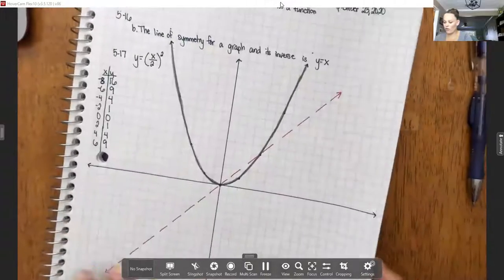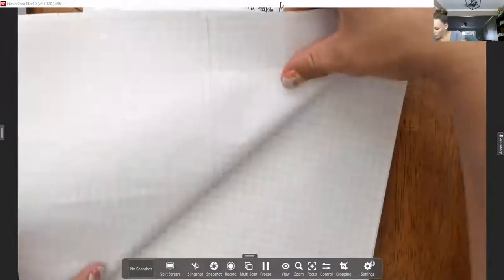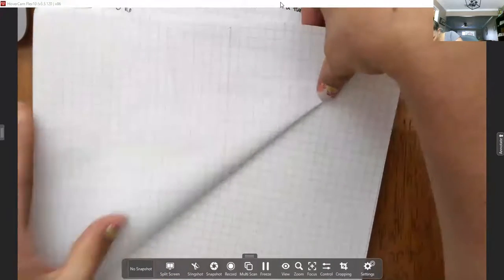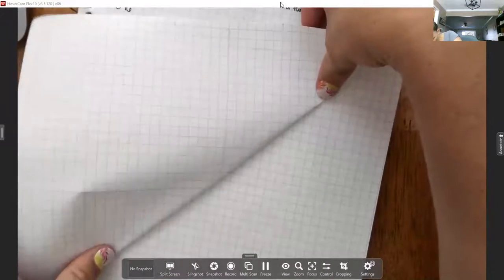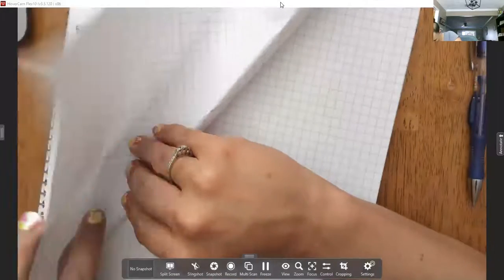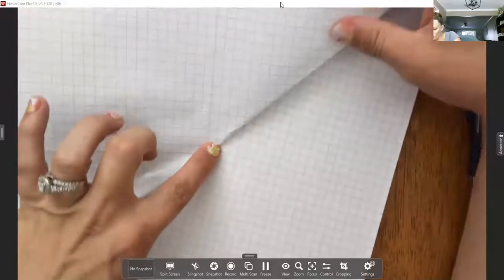And then you're going to fold your paper on that line of symmetry, best that you can in a notebook.